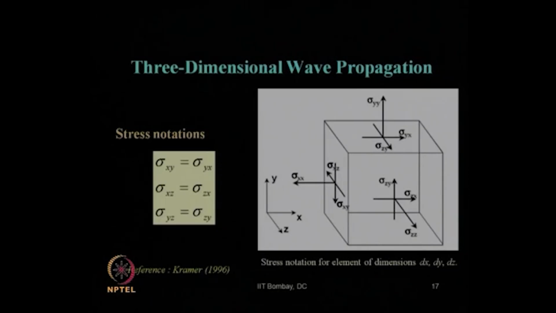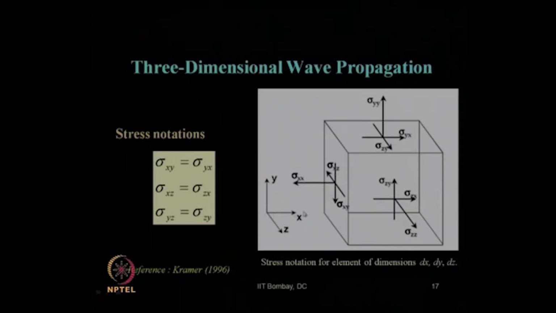Now, let us come to the 3-dimensional wave propagation. For 3-dimensional wave propagation, let us first take note of the stress notations. So, this is a 3-dimensional element. So far, we have discussed only 1-dimensional wave propagation. Now, we are considering the wave traveling in all 3 directions.